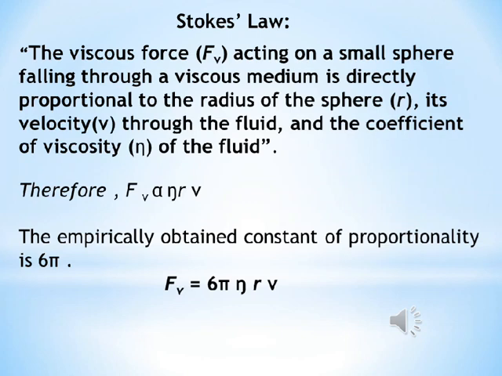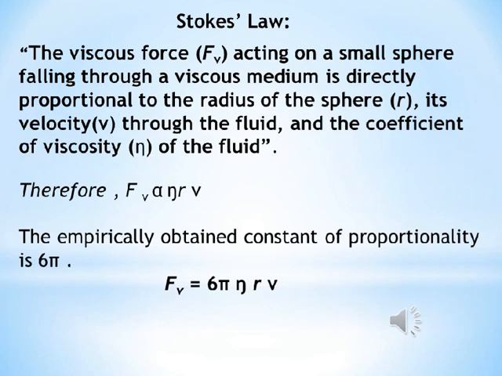Empirically, the constant term is 6 pi. So we get Fv is equal to 6 pi eta r v. So this is Stokes law. When any metal ball is thrown inside a liquid or fluid, it will move downwards inside the fluid, and this is due to viscous force, the radius of that sphere, and the velocity with which it is moving.